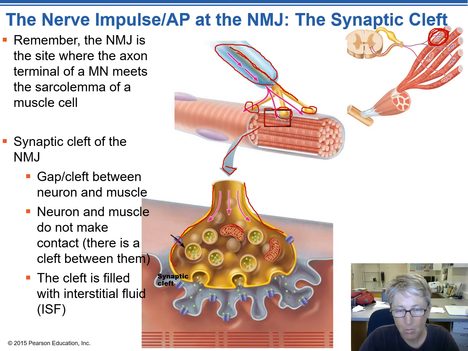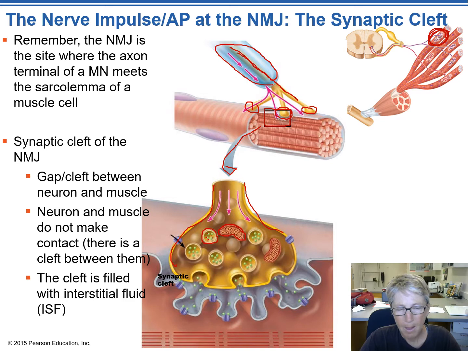One thing you can probably recognize is a mitochondria, so obviously there's some ATP needed here. The mitochondria lives in the axon terminal, and then you also have these synaptic vesicles, and these little green balls inside these vesicles are acetylcholine. We talked about how acetylcholine is released from the axon terminal.